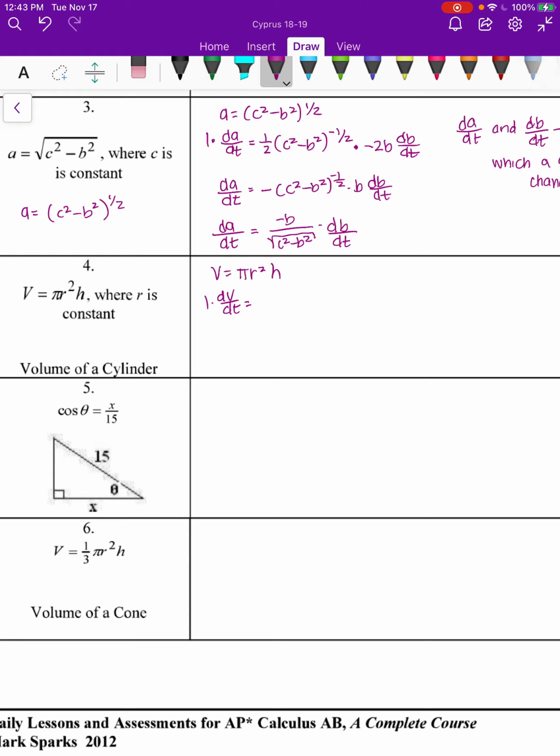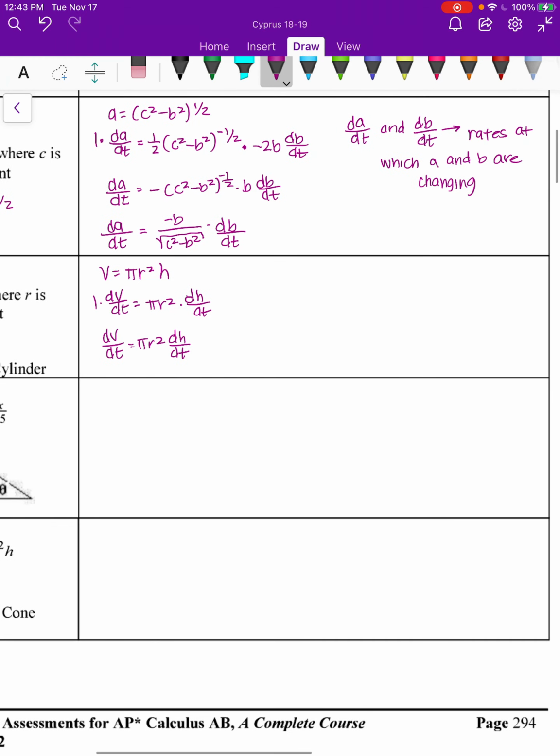So when I take the derivative of h, whatever was out front gets multiplied by the power. Well, the power is 1. So the derivative of pi r squared h is pi r squared. And then I multiply it, remember, by dh dt. So dV dt equals pi r squared dh dt.